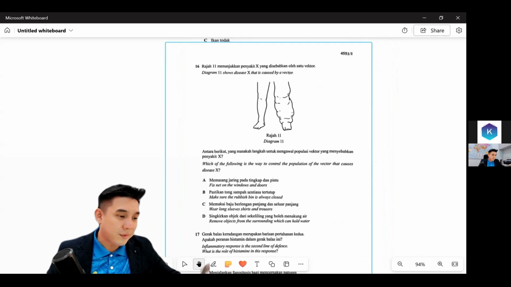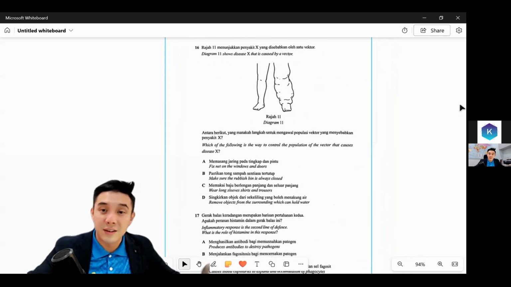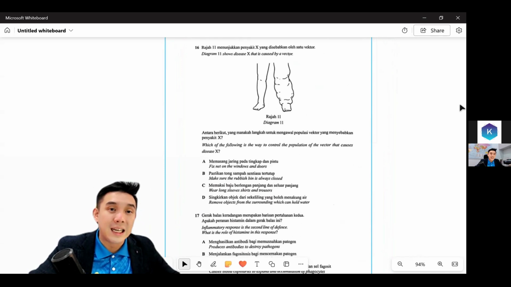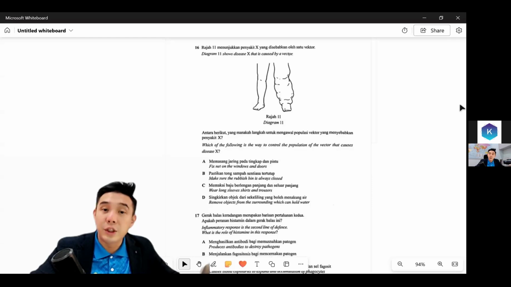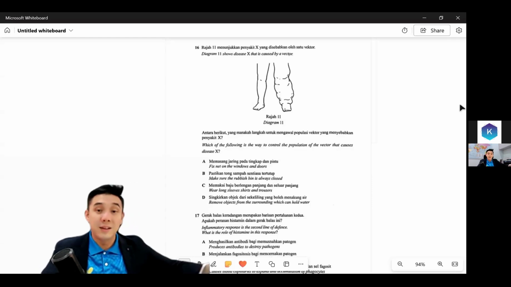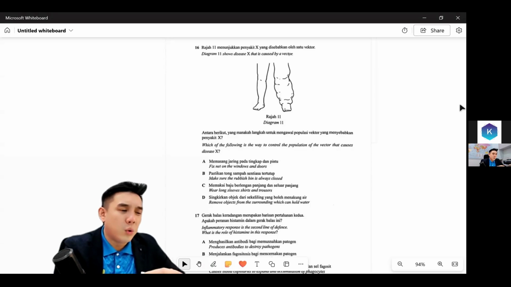Okay. For question 16. Diagram 11 shows edema. Guys, it shows edema. Which of the following is the way to control the population of the vector that causes this disease? Now, this is very extreme edema.